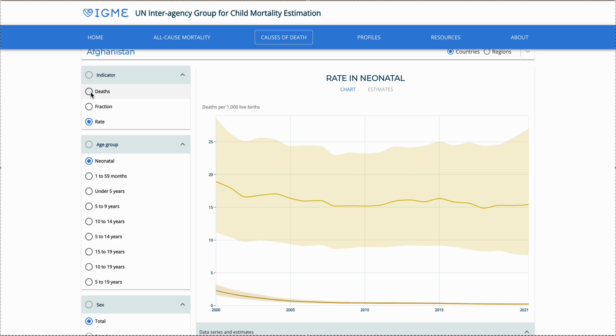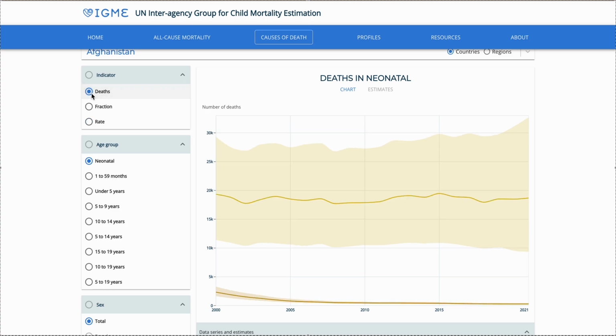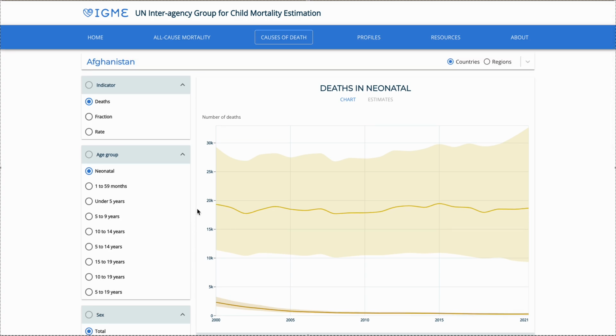But of course you can have places that are not very populous, like Liberia, which is only 4 million in the whole country, that can have high rates of death, but the numbers don't seem impressive. So there are reasons to do both, look at numbers and rates.